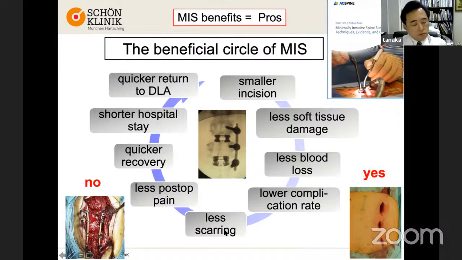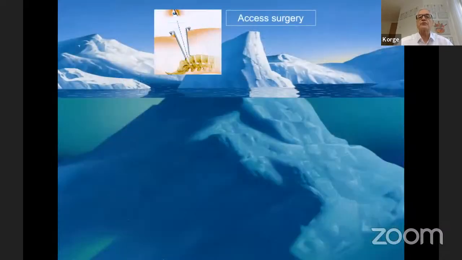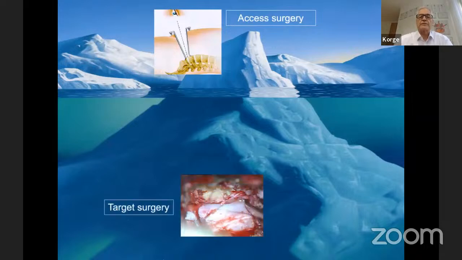Especially here, the less scarring and less post-op pain are probably due to intraoperative hemostasis and something like this. But what we know is that we do not talk about target surgery, because target surgery remains unchanged. If you think about MIS, we talk about access surgery.